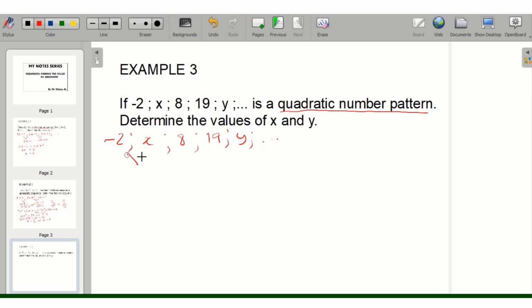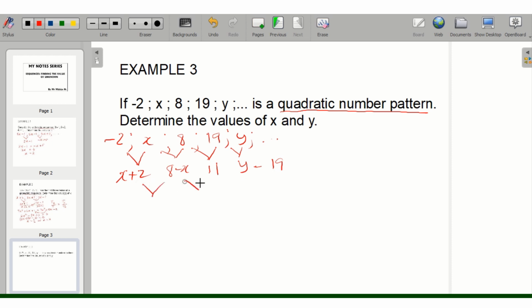So it means we must find this difference, x minus minus 2. So that would be x plus 2. 8 minus x will be 8 minus x. 19 minus 8 will be 11. And then we'll have y minus 19.